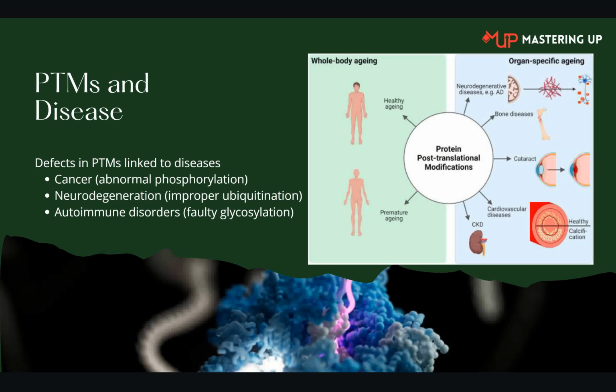Abnormal phosphorylation can lead to cancer, while faulty ubiquitination is linked to neurodegenerative diseases like Parkinson's and Alzheimer's. Defects in glycosylation can cause autoimmune disorders. That's why scientists are actively studying PTMs as potential targets for new therapies.